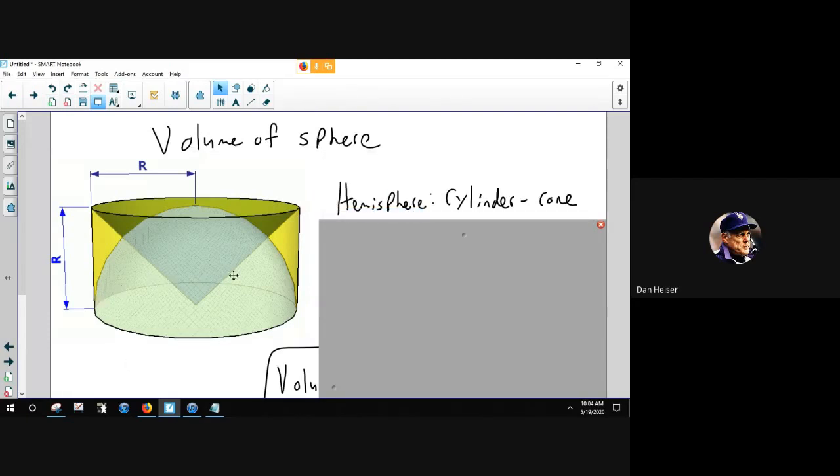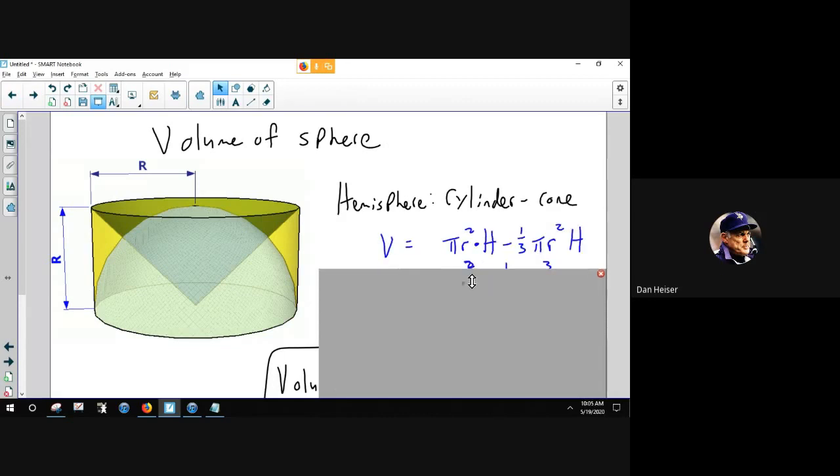Every piece of cone that we remove is being replaced by an equal amount of hemisphere. If all that is happening, then we can calculate the volume of this hemisphere based on this principle. Because all those cross sections are the same, that means the volume of the hemisphere and the cylinder with the cone cut out of it are going to be equal.